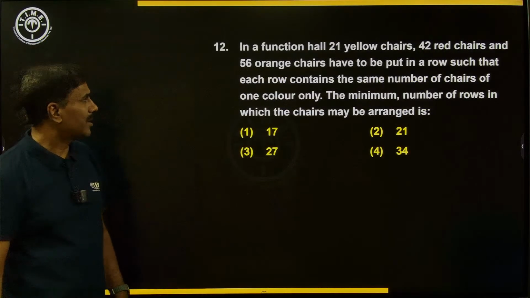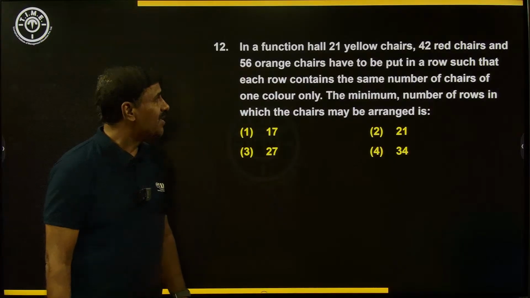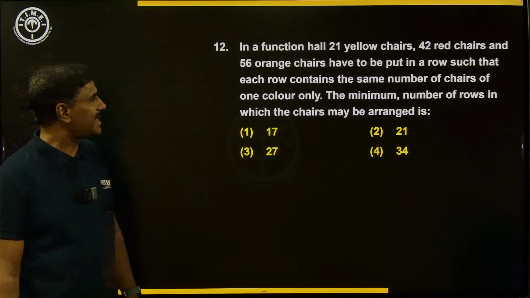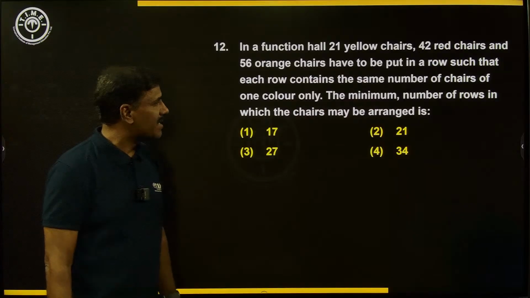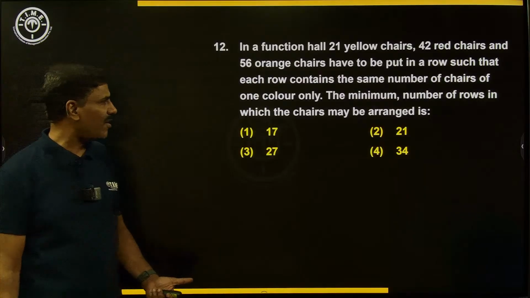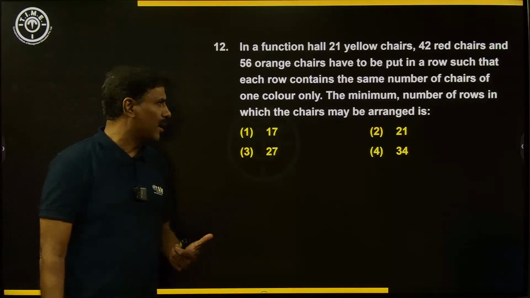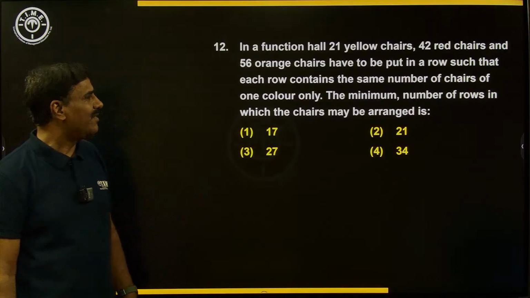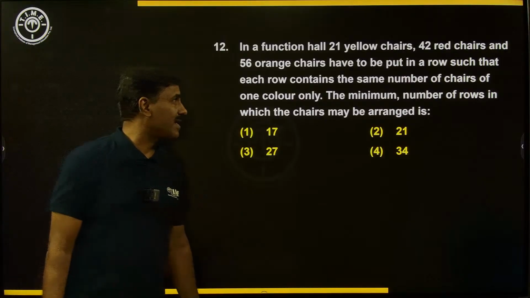And the last question, in the next question: in a function hall, 21 yellow chairs, 42 red chairs, and 56 orange chairs have to be put in rows, such that each row contains the same number of chairs of only one color. The minimum number of rows in which these chairs can be arranged is the question.